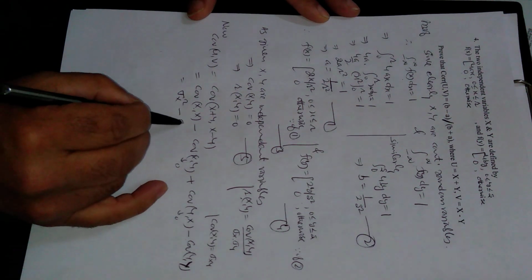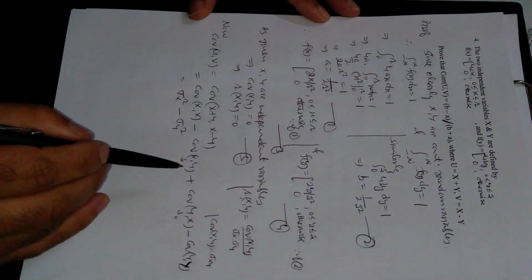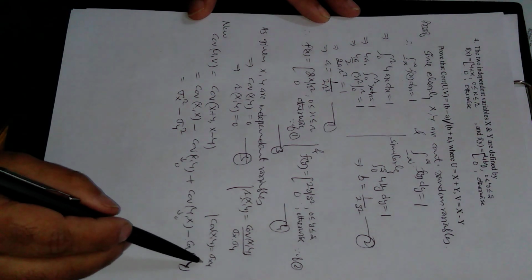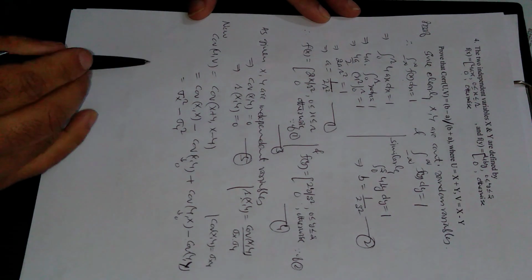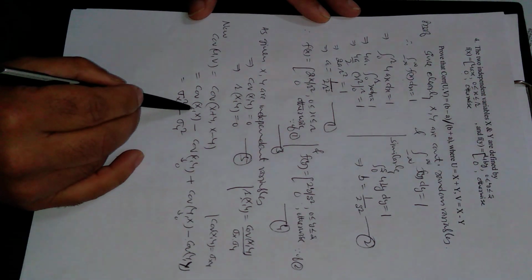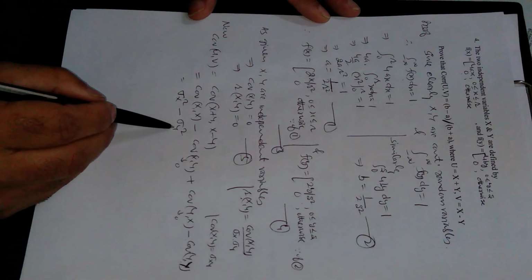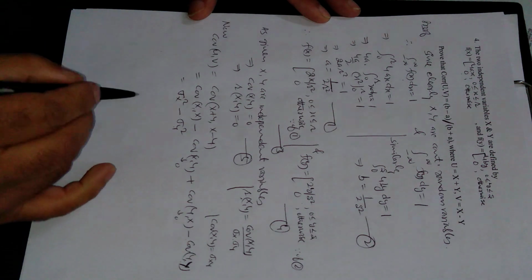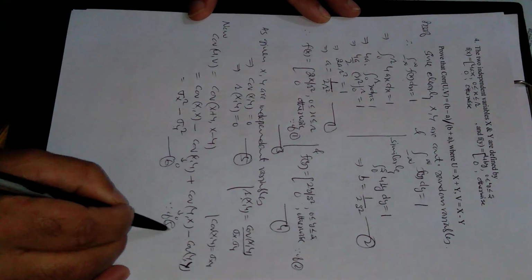Next is this one, the variance with respect to y, because covariance is defined for two variables. If the variables are the same, then this will become a variance. So this is the variance with respect to x, and this is the variance with respect to y. This is question number 6, because of 5.